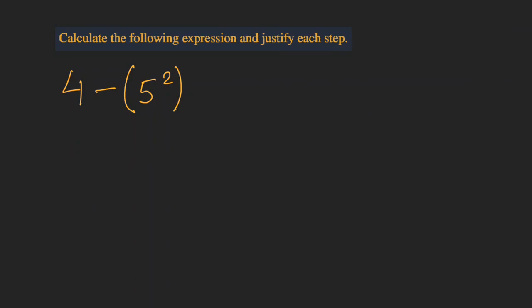We evaluate the expression inside the parentheses first. The expression is 5 squared, which is 25. Therefore, we get the initial expression to equal 4 minus 25, which is minus 21.